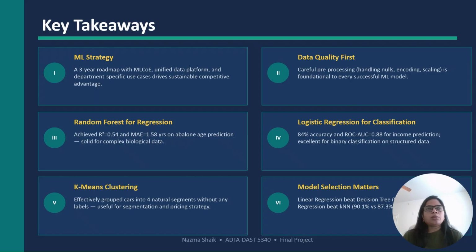Next, we did the data pre-processing, where we successfully handled null values and learned how to encode and scale the data before deploying to any ML model. And then we did the random forest algorithm for regression, logistic regression for classification, and k-means for clustering the cars. And also in the last part, we compared the models to see which is performing better.